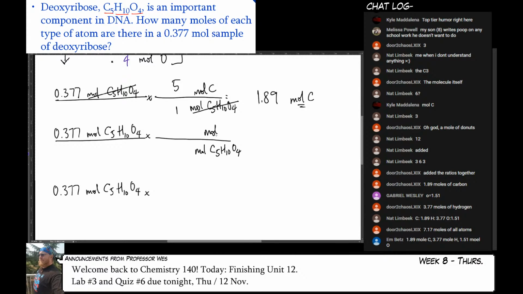So let's see here. This one will be moles of H, and this one down here will be moles of oxygen. Steve, stop messaging me. So 10 moles of H, which would be, that's just this times 10, so there you go.